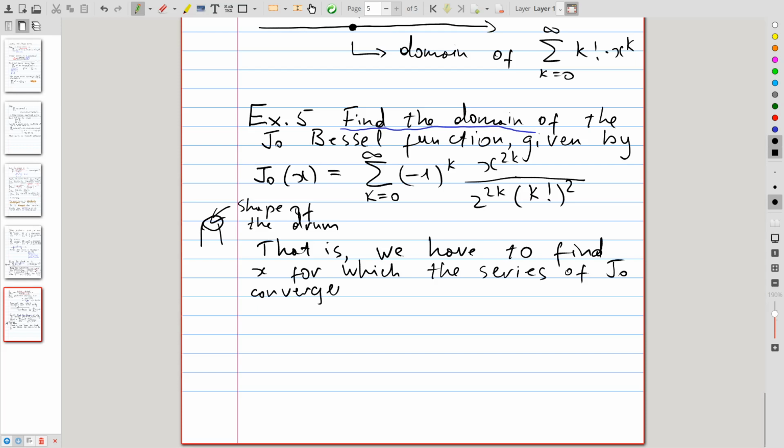And that is something we know how to do. Specifically, we will go ahead and apply the ratio test. So to do that, let us write down again the limit we're about to compute.